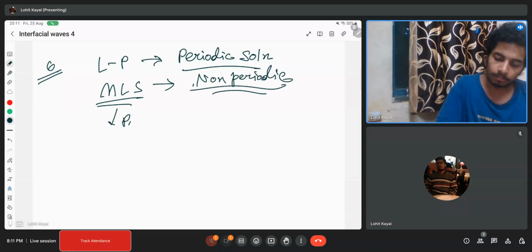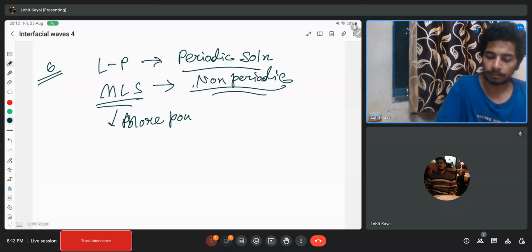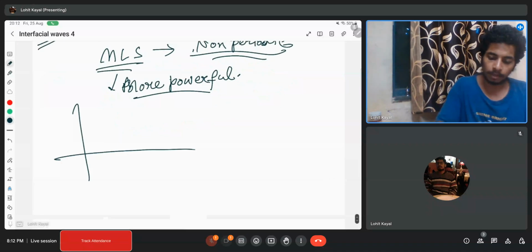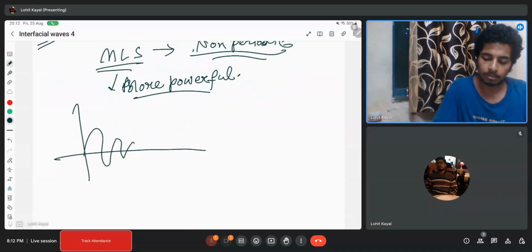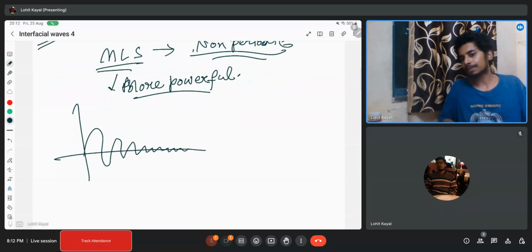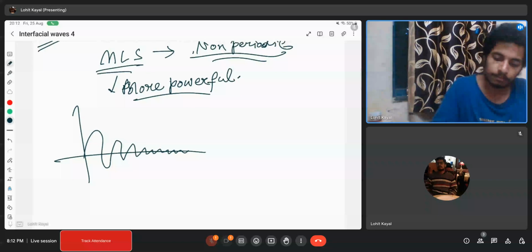So this is more powerful. That means if you have damping in your system, you will get a solution like this, but this is not periodic. But I think we can also verify it.